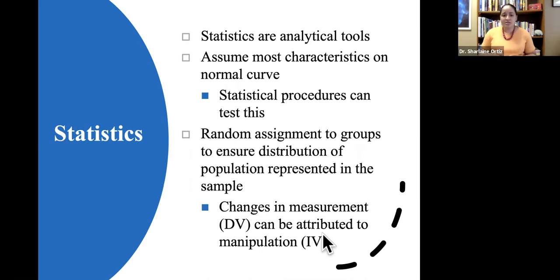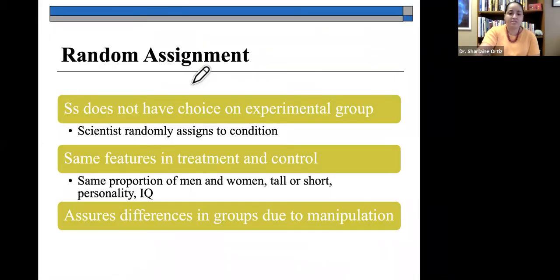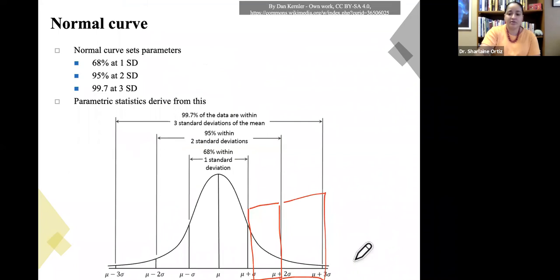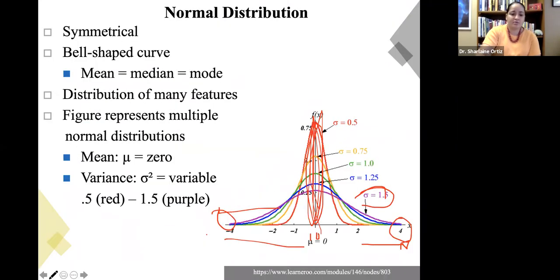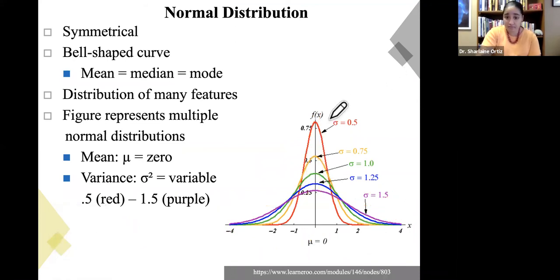In order for us to conduct statistics, we have to assume that most characteristics fall within the normal curve, right? So we have to assume that it generally looks like something like this. It looks like this specific curve, and it doesn't look skewed, or not skewed necessarily, that wouldn't be the correct term, but it doesn't look like there's a conglomerate of mean differences, right?